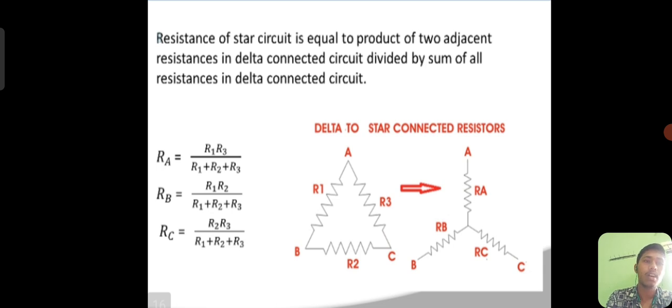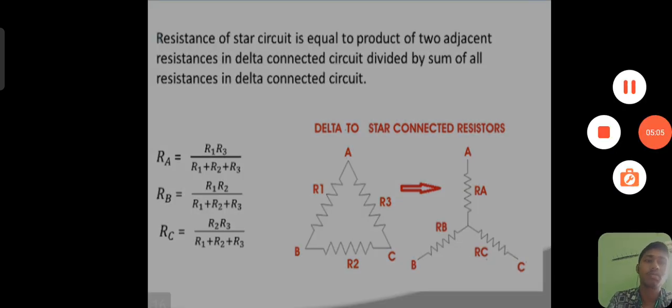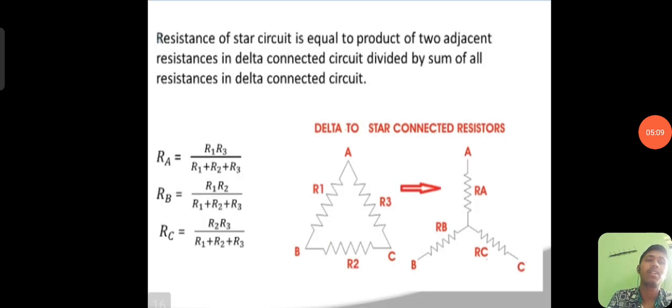Same for RB: RB equals R1 R2 by R1 plus R2 plus R3. And RC equals R2 R3 by R1 plus R2 plus R3. So RA, RB, RC are each the product of adjacent sides by the sum of all sides, and we can identify the formulas as given on the screen.